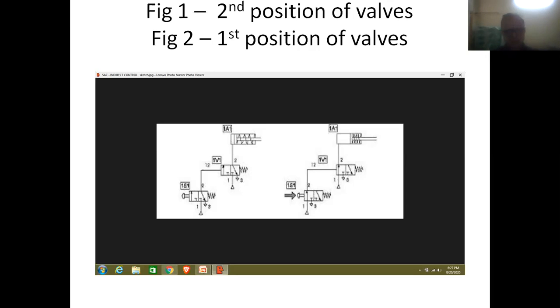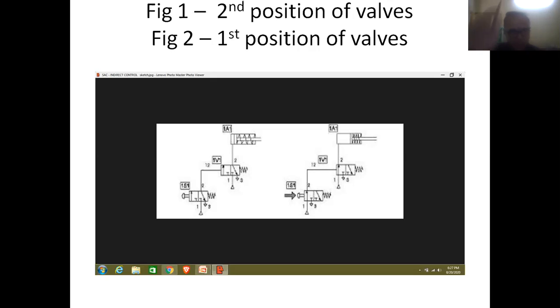So friends, just now we have talked about the positions of the pilot valve and DC valve. First positions are required for the forward stroke of the piston, and second positions are required for performing the return stroke of the piston.